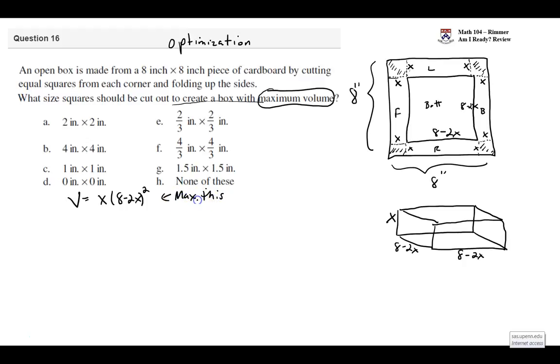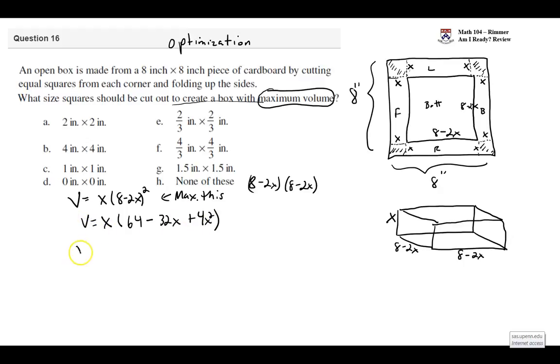And to do that, I'm going to take the derivative, set equal to 0, and argue why it's going to occur at a critical point. And so what would be the best way to do this? Should we multiply it out? Just get a nice polynomial. We get 64 minus 32x plus 4x squared.